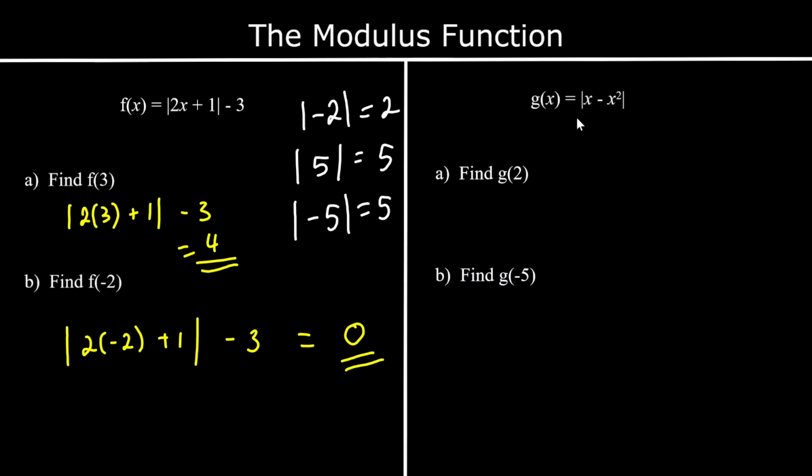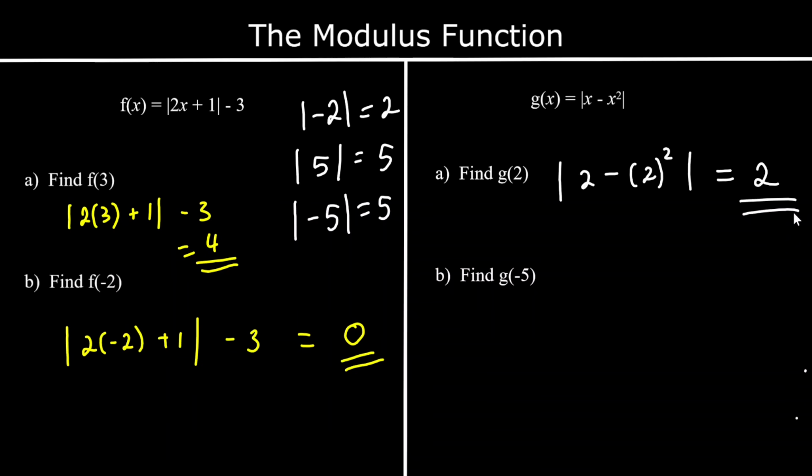So g of x is the modulus of x minus x squared. So g of 2, we're putting 2 in for x. So it's going to be 2 take away 2 squared. 2 squared is 4. So 2 take away 4 is -2. But we can't have a negative. So the modulus of -2 is 2.